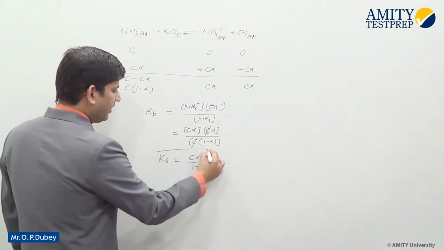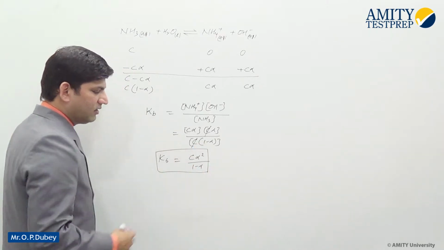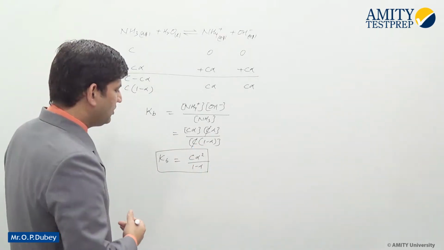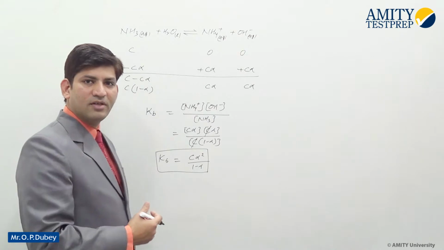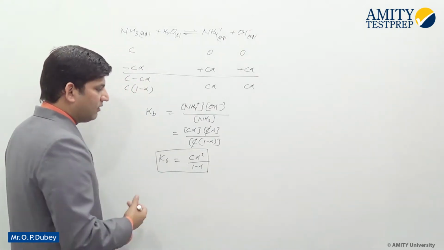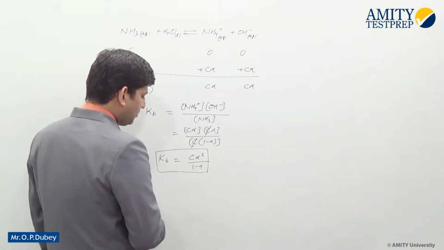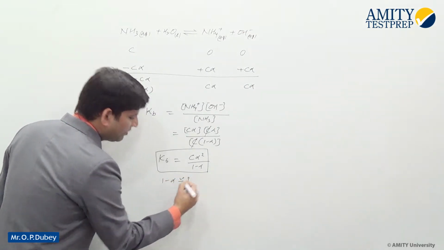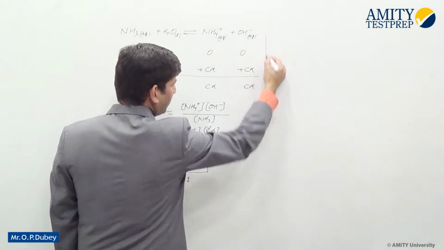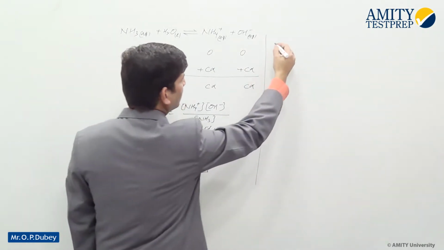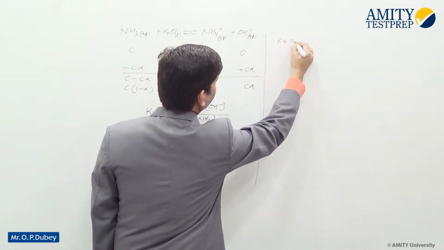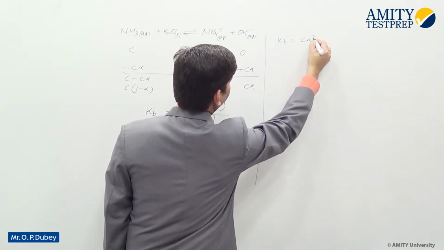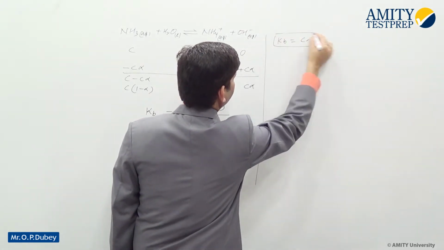Again, this is a very weak base. The degree of dissociation is very small as compared to 1. That's why we take the assumption here that 1 minus alpha is approximately equal to 1. By taking this assumption, now Kb is equal to C alpha square.